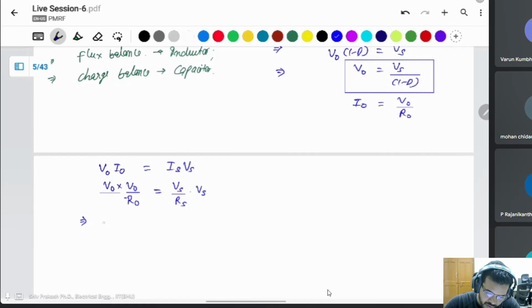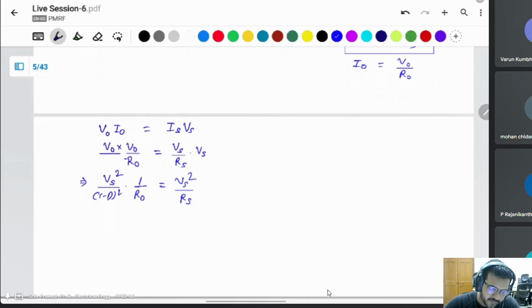V naught is calculated already, this will be Vs squared, Vs square divided by 1 minus D square into 1 by R naught, same thing it will be Vs square divided by Rs. Then what is the Rs? Vs will be cancelled out.